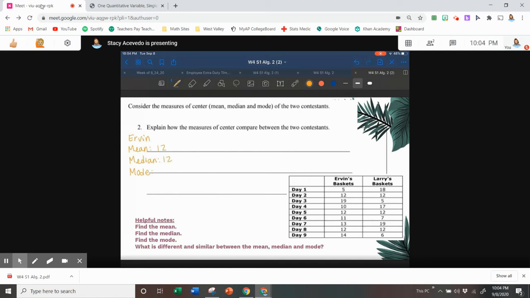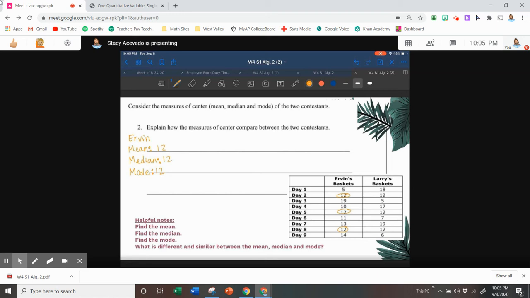Remember, the mode is the most frequent value. On Ervin's basket, I see a 12, another 12, another 12. So 12 shows up the most. So the mean, median, and mode are all 12.